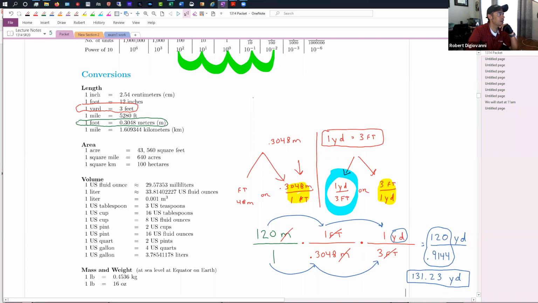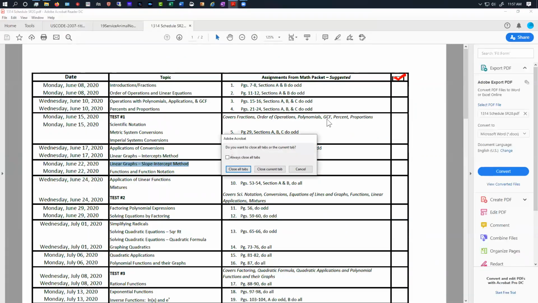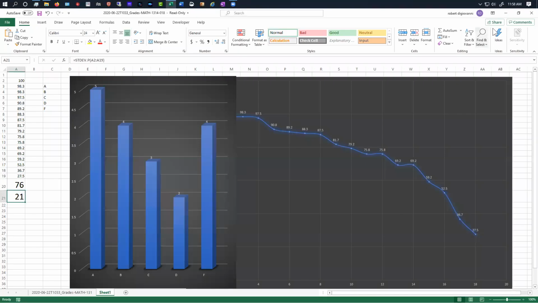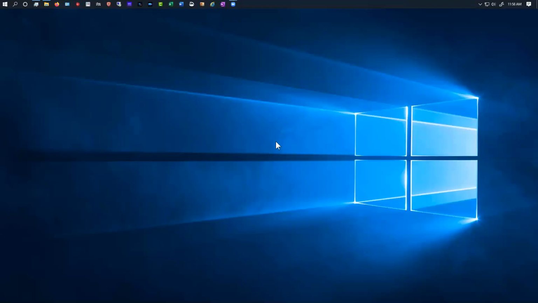I'm going to close Excel because all these programs eat up so many resources.